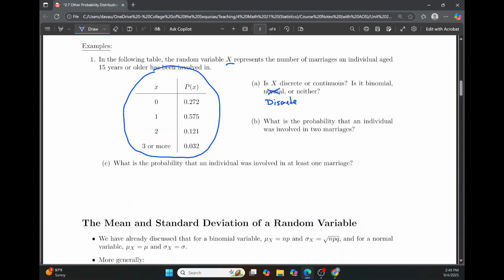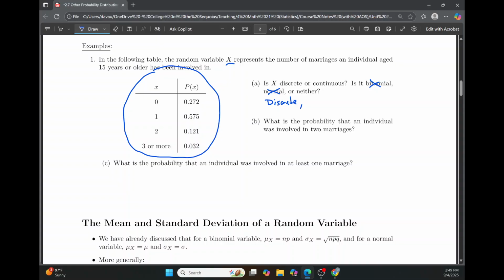In order for it to be binomial, there have to be two mutually exclusive outcomes, and you have to be recording the number of successes. In this case, I don't think that's what's happening, because it looks like we're just recording the number of marriages that somebody's been involved in. So I would say it's not binomial either. I would say this is neither.